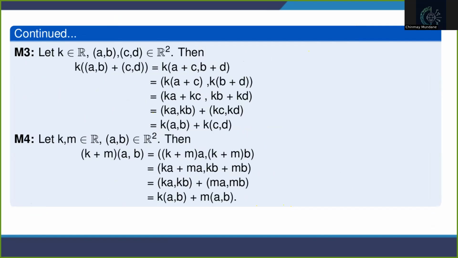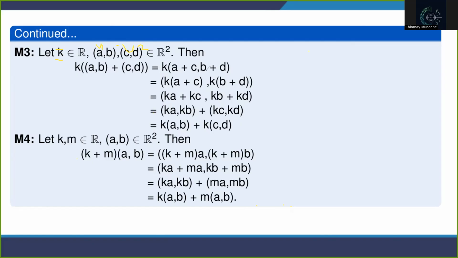According to that property, if there is a scalar K and there are two vectors, V1 and V2, then if you add these two vectors V1 plus V2 and then multiply by K, you get the same answer.